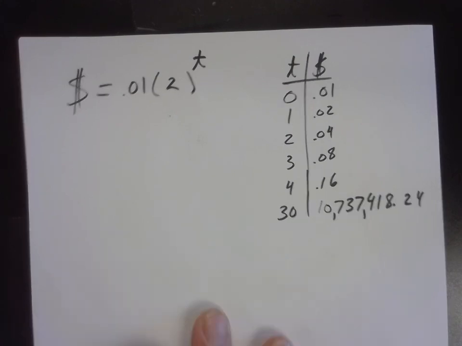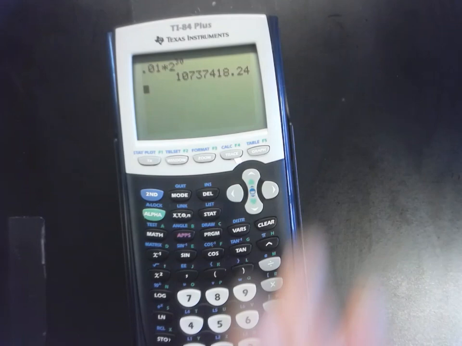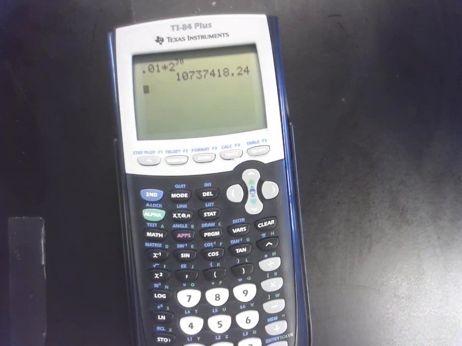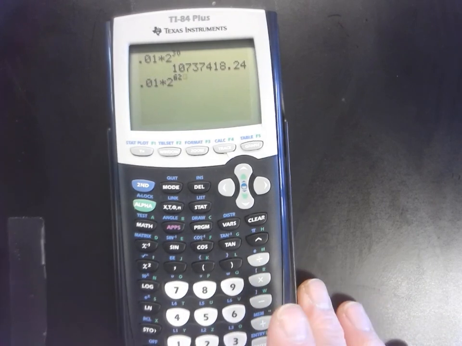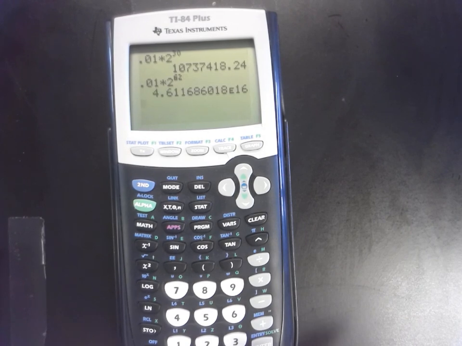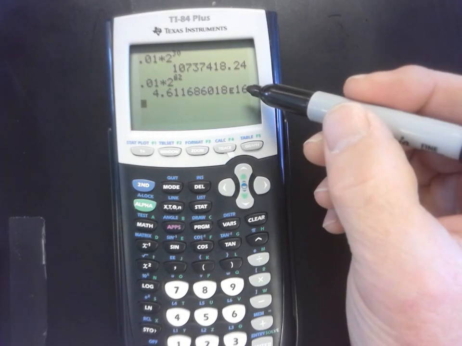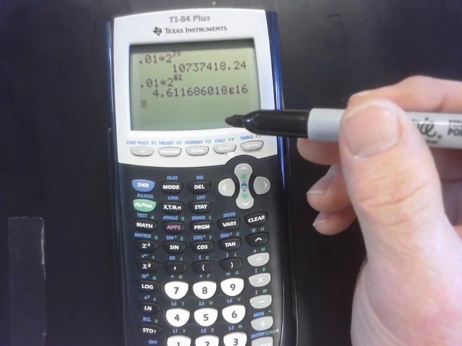And you know, I think if we do this for a couple months, maybe 62 days, they're each 31 days this time, my calculator starts writing the number in scientific notation. So this E16, yours might say times 10 to this power.